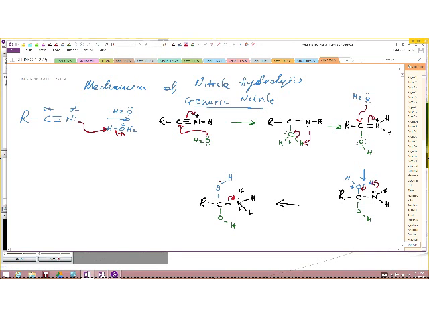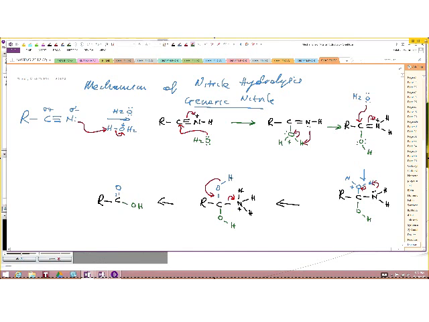While it is breaking away, we are also going to generate a carbon-oxygen double bond. And so what we have here is this.